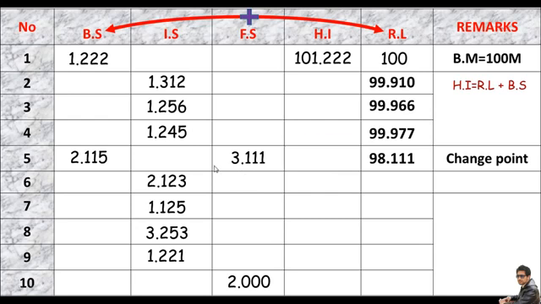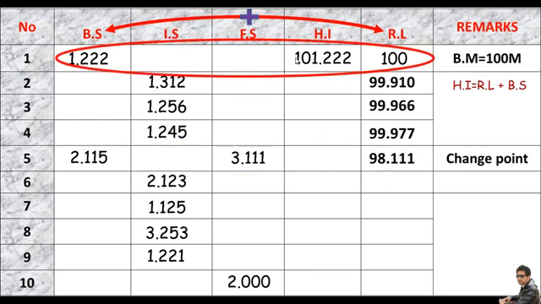You can clearly see the situation is the same as before. The first time we had the RL and only the backsight, so we needed the HI to calculate the remaining RLs. Now the backsight and the RL have come face to face again. It means we again need the HI to calculate the RL of points 6, 7, 8, 9, and 10.